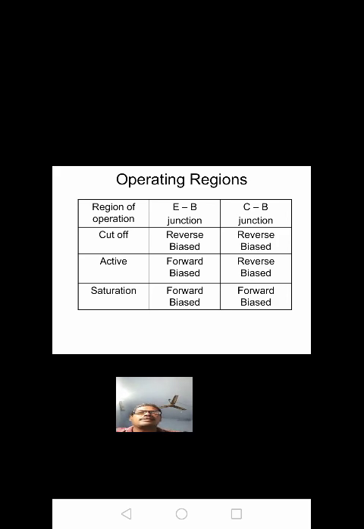Similarly, when the collector base junction is reverse biased, the transistor is in the cutoff region, and it is also in active operation when the collector base is reverse biased. When the collector base junction is forward biased, the transistor is in the saturation region.